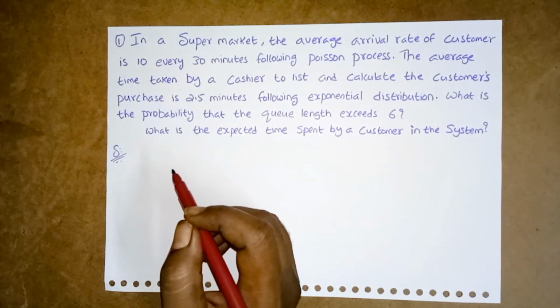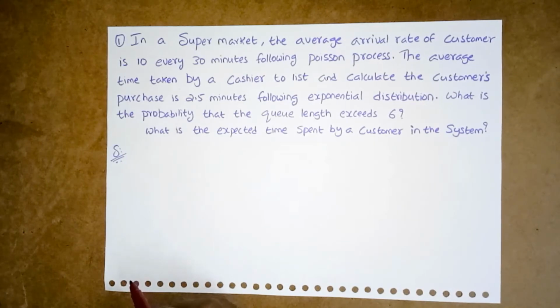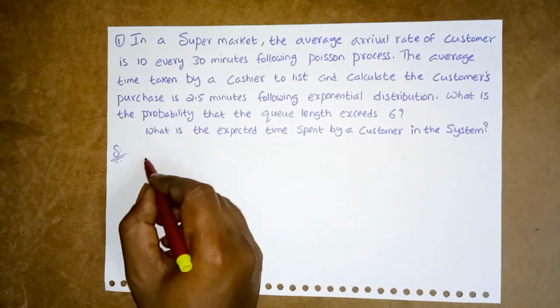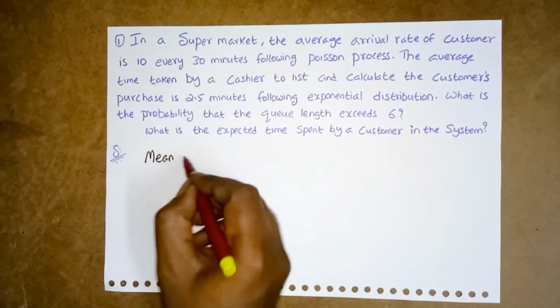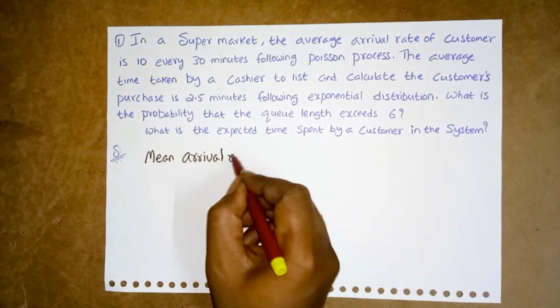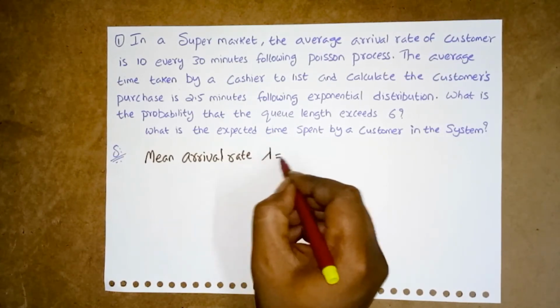So first, the first step for solving this is to write the mean arrival rate. Mean arrival rate is this lambda.